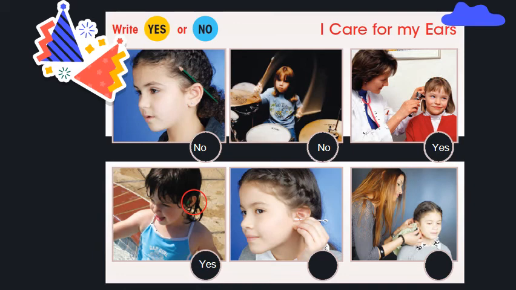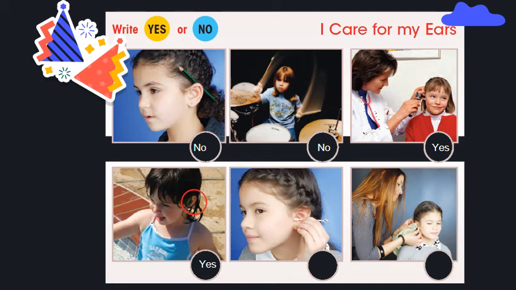Now we can see the last two pictures. What do you think? Should we clean our ears alone this way, or should we let our mom or someone big help us?